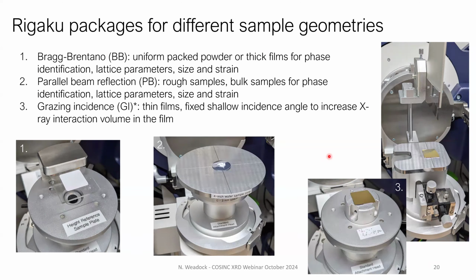And then you're just going to scan your detector 2 theta angle. This is assuming that your thin film has some degree of powder crystallinity, that you will have crystallites that are oriented in more or less all possible angles to allow you to collect the whole diffraction pattern.